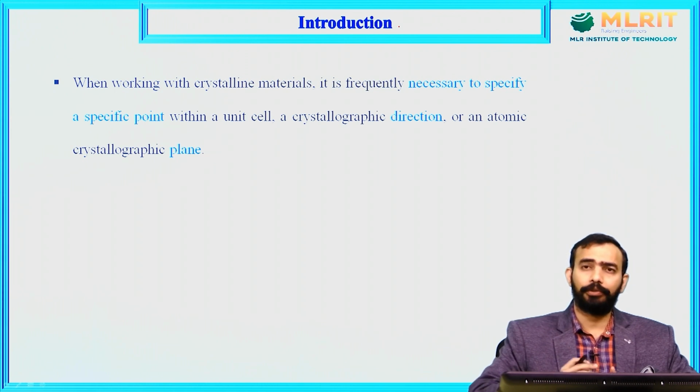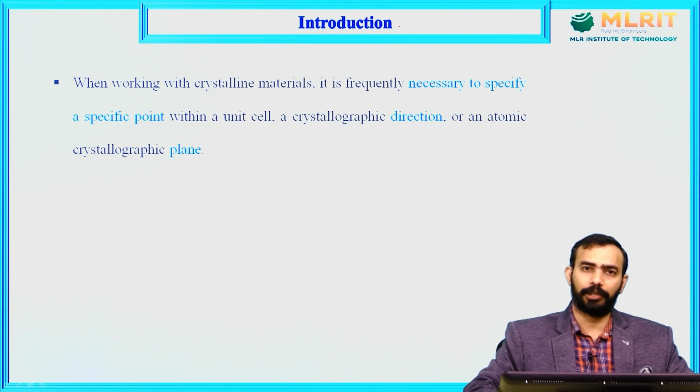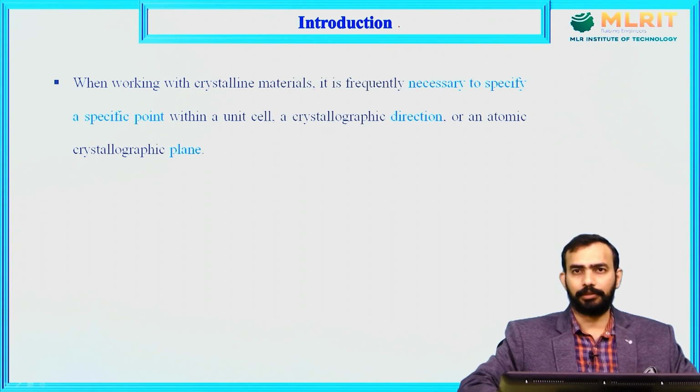Or you may want to talk about atoms aligned in one particular direction, parallel to any one of the axes or inclined to any one of the axes. Or you may want to talk specifically about the atoms present on a particular plane. So, first of all we have to know how we represent these points within the crystal structure.